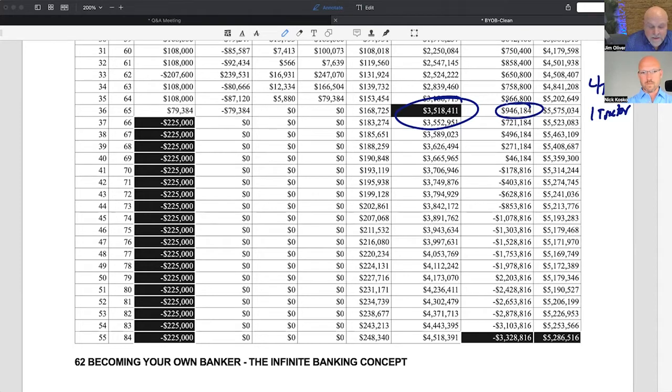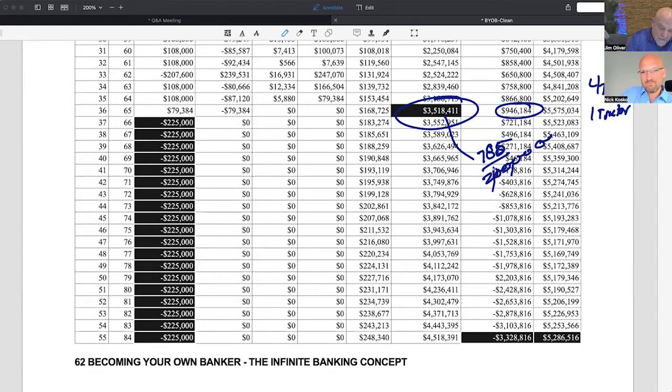Remember, it was 160,000. So now we're putting in 785, I'll call it rounded, to build $2 million. So we're putting in 785 to get $2 million more at the end.